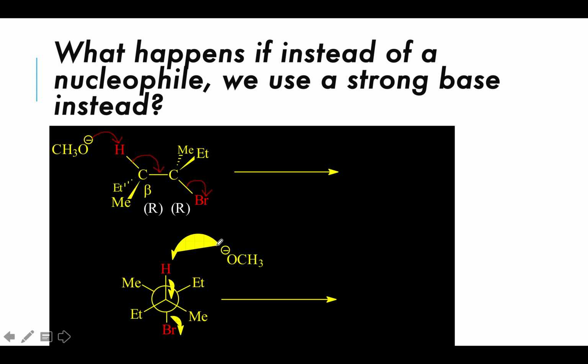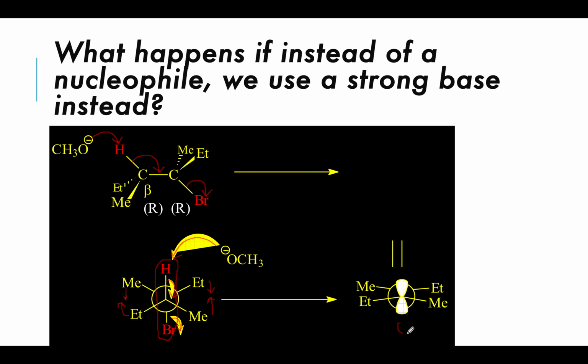Again, you have your strong base taking the beta hydrogen, the beta hydrogen's bond becoming a lone pair, and then the leaving group leaving. Again, anti-periplanar, anti-position in the Newman projection. And if you follow that, these two flatten out. So these arrows don't represent electrons, they simply represent movements. You form something like this.